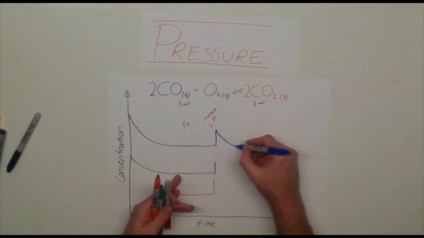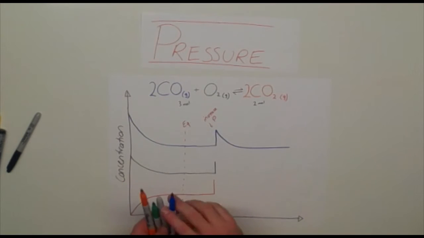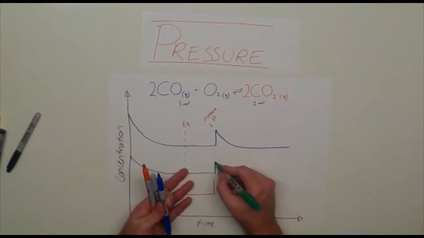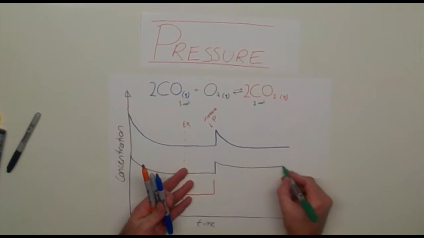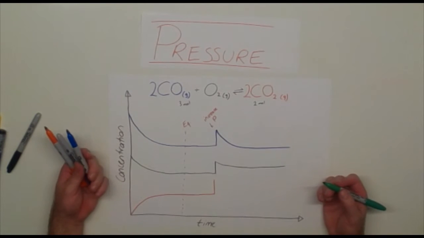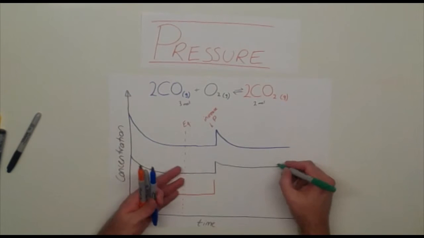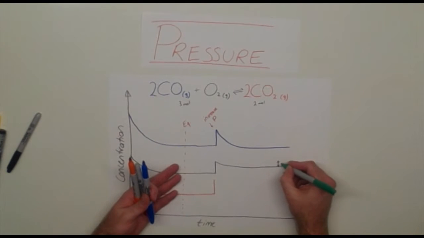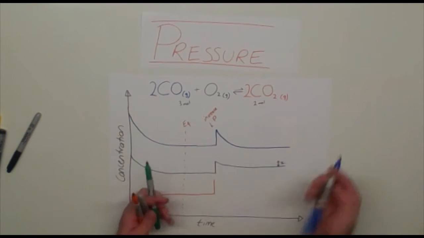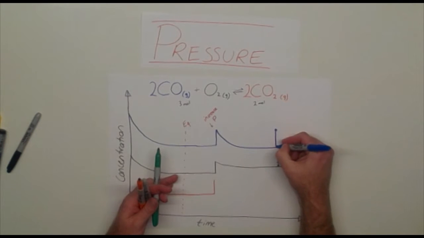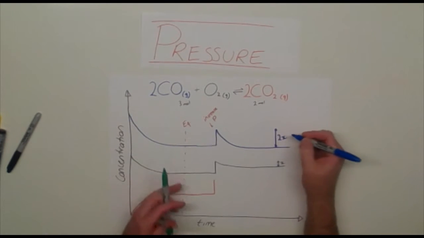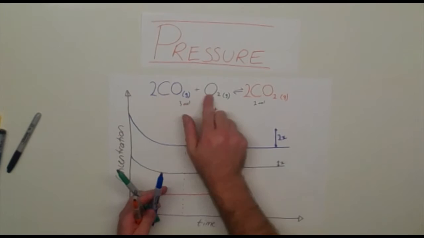So our concentration of carbon monoxide is going to decrease, and our concentration of oxygen is going to decrease as well. Now hopefully what you can see is that we've actually got a bit of a relationship occurring between these two. If this goes down by a value of x, this one up here actually went down by a value of 2x.